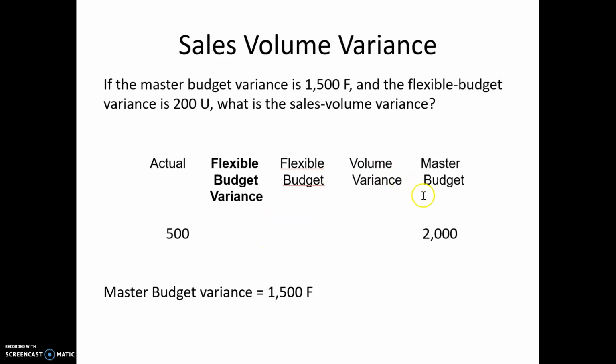Let's give this as an example. If in the master budget we had a cost that was 2,000 and the master budget variance was 1,500 favorable, that means the actual cost was 1,500 lower than the master budget. The actual would have been 500 in this case. We know we've got a 200 unfavorable flexible budget variance.